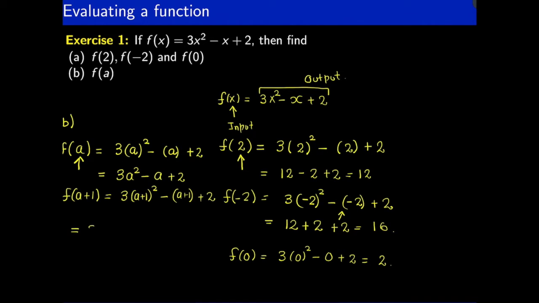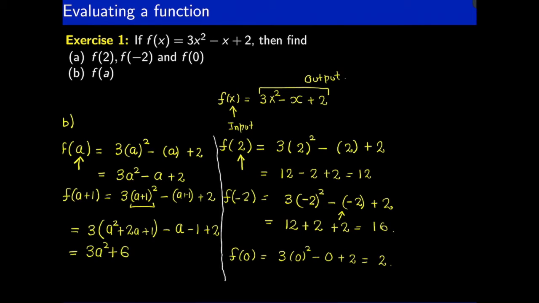To simplify, first I will FOIL this parenthesis, a plus 1 squared, which is going to be a squared plus 2a plus 1. And also I will FOIL the second parenthesis, which is going to be minus a, minus 1, and then plus 2. Now I will distribute the 3 inside. So this will be 3a squared plus 6a plus 3, and this is just minus a minus 1 plus 2.